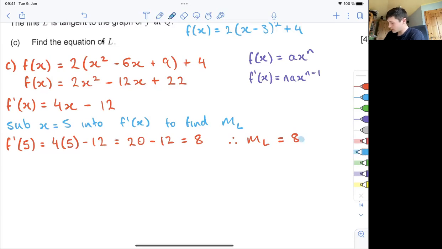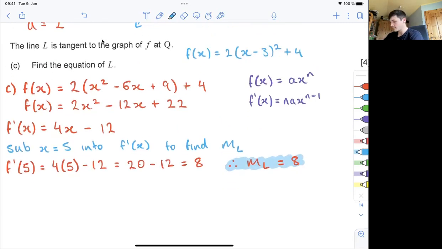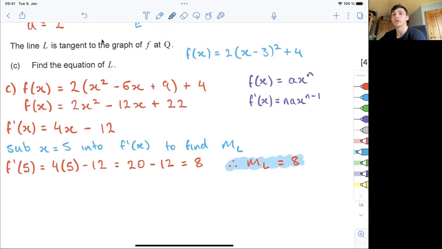So we have a gradient of our line L, and we have a point that it passes through, which is Q, which is (5, 12). And so there are two ways you can go. The formula that's given in your formula booklet is called the point gradient formula. You can use that, or otherwise you can just use y equals mx plus c, the gradient intercept form of a line, and fill in the blanks.